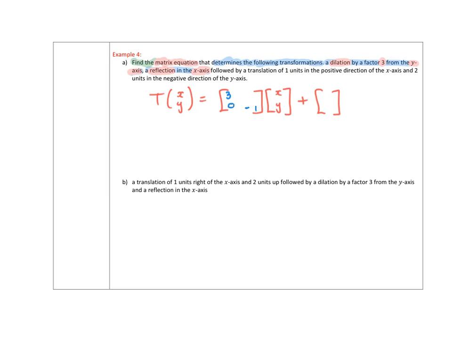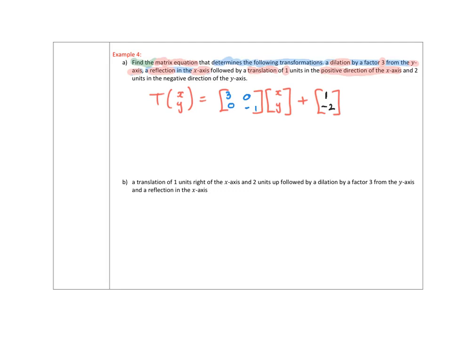We can assume zeros where we've got no additional information, and we can see that the final thing here is that there's a translation of 1 in the positive direction of x. So we know that we can plus 1. And it's 2 units in the negative direction of the y, so we would minus 2.